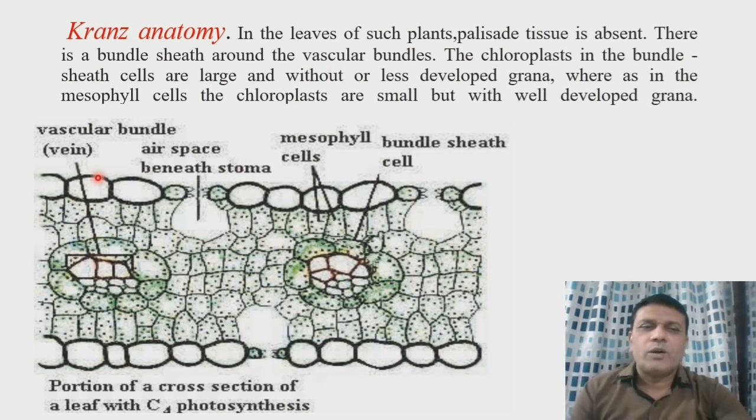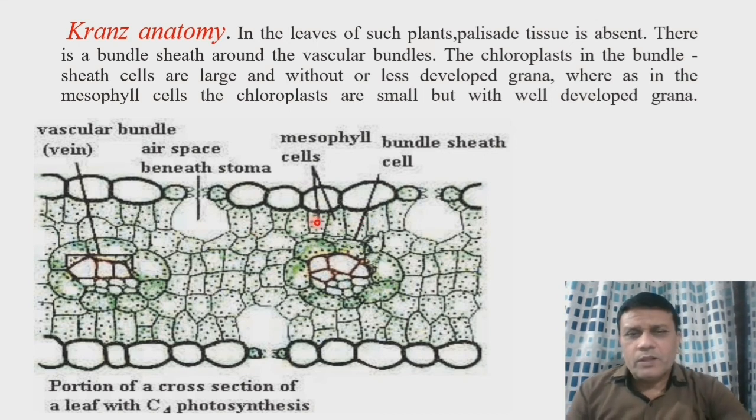Now here is the cross section of a leaf which shows the upper and lower epidermis. Now in between upper and lower epidermis, we can see that these cells are the cells of mesophyll, or they are called as mesophyll cells.